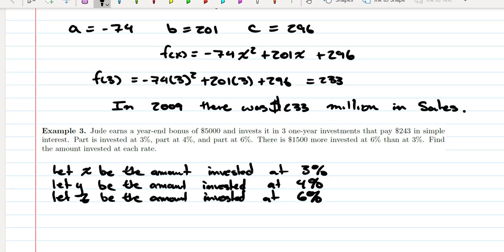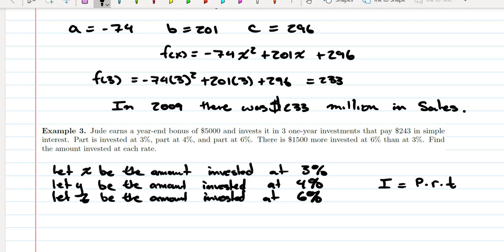So now that we have that, we're going to be using our same model that we did before. I is equal to P times R times T. So based on what we saw before, we're going to use this model, but we have 3 variables. So we're going to need 3 equations. So what do we know?